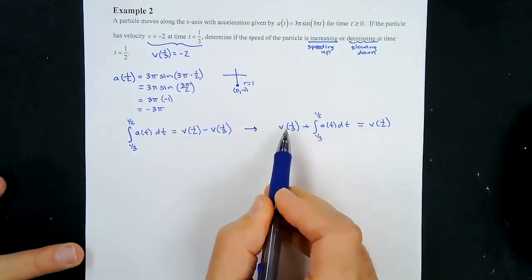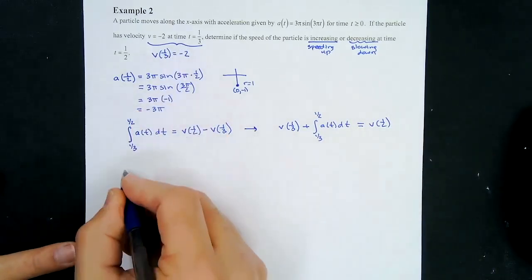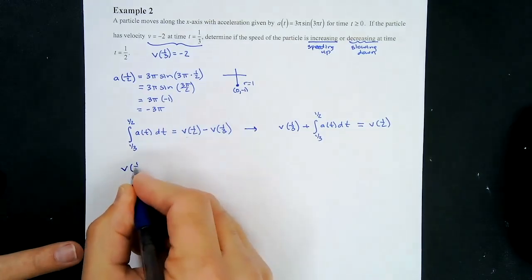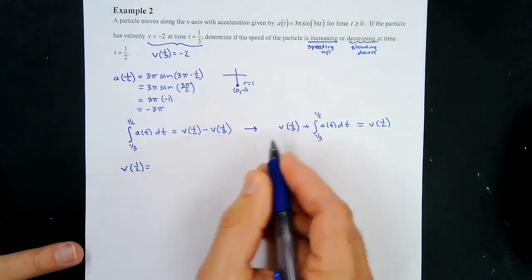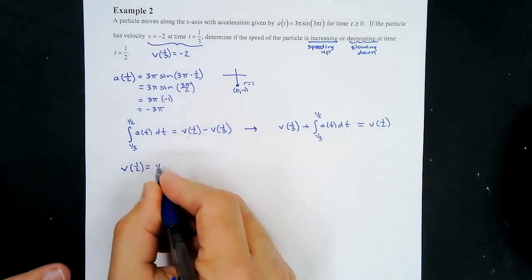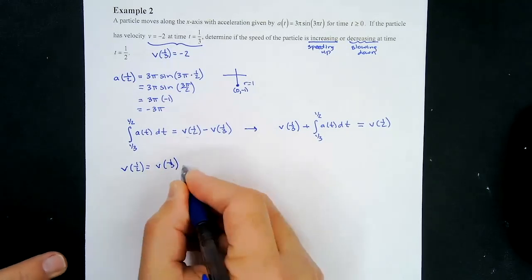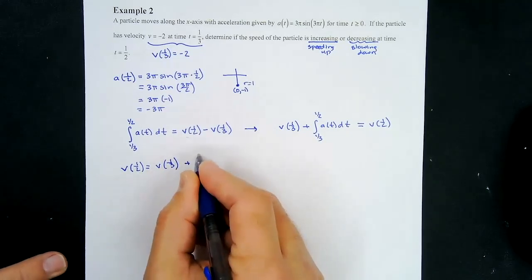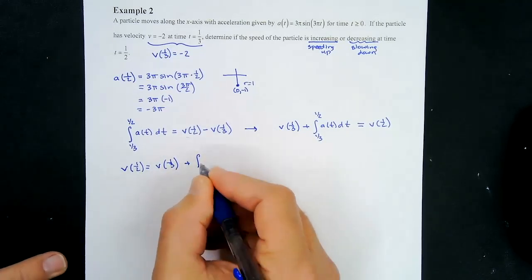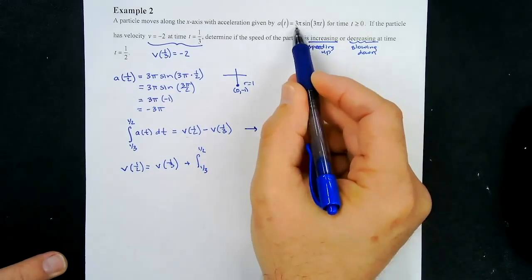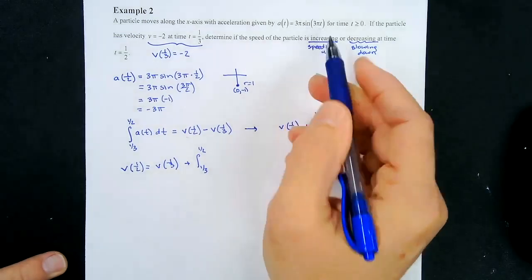Okay, so v of 1/3, I know is -2. So I'm going to go ahead and rewrite this, evaluating this. So v of 1/2 is going to equal v of 1/3 and then plus this integral 1/3 to 1/2. And my a of t function, I'm going to go ahead and write it. So it's 3 pi sine of 3 pi t.